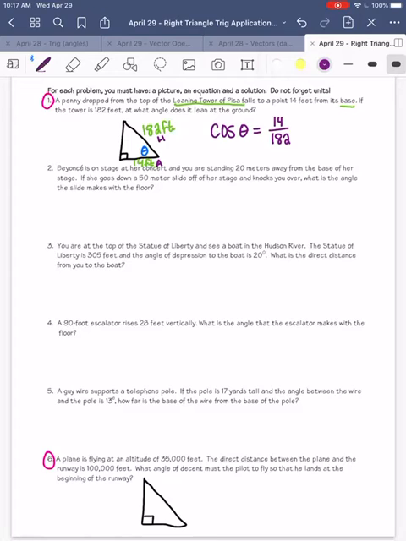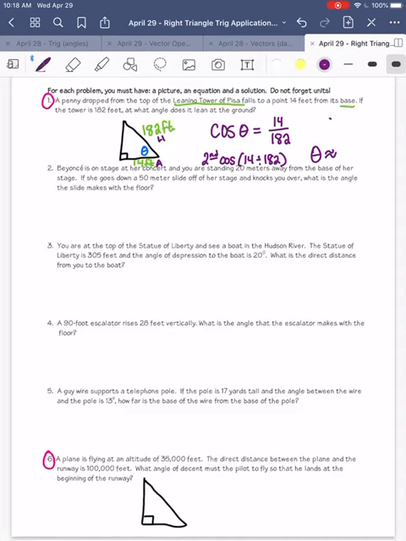And then to type that in, I'm just going to use my handheld, but we're going to hit second cosine, and then 14 divided by 182. These are so much easier. We don't have to think about multiplying or dividing. We just type it right in. And we get that theta is approximately, and we're going to continue to use the rule, round angles to the nearest degree and sides to the nearest hundredth.